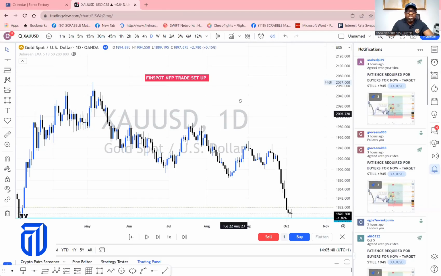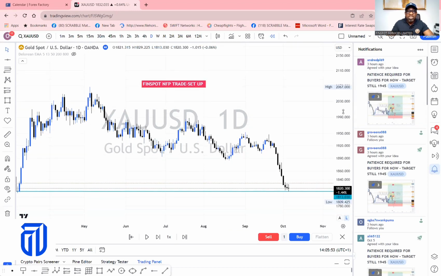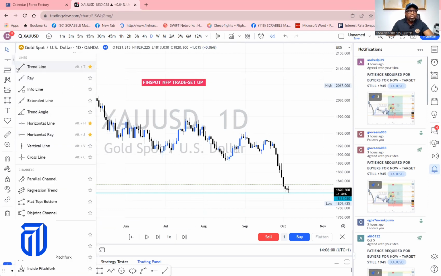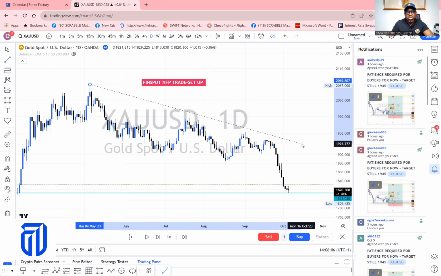So this is my gold chart. On this chart, the first thing I would like to show you is that over the last few months, in fact over the last year, gold has been downtrending. Probably not up to a year, but I think since May 2023, gold has been on the downtrend.